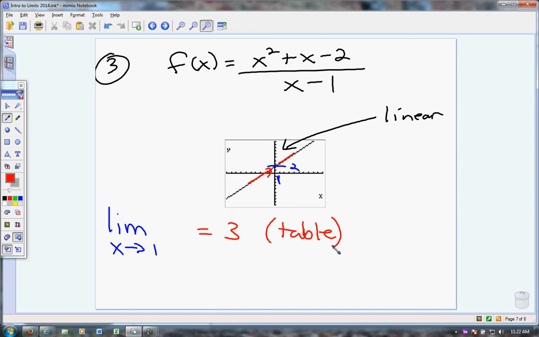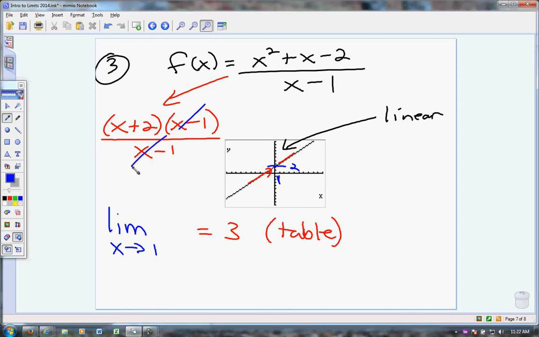How about analytically? Well, if I wanted to look at this analytically, I could factor it. Watch what happens. If I factor the top into x plus 2 times x minus 1, I can get out the slasher. And I'm left with a function that looks like x plus 2.